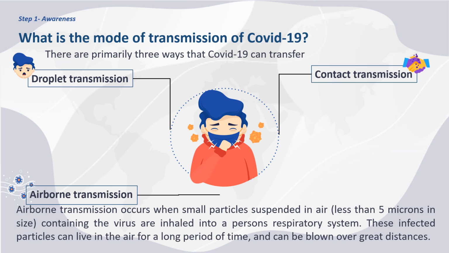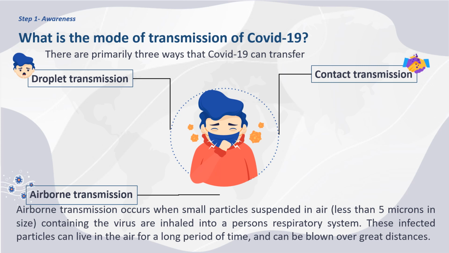These infected particles can live in the air for a long period of time, and can be blown over great distances. Airborne transmission occurs when small particles suspended in air, less than 5 microns in size, containing the virus are inhaled into a person's respiratory system.